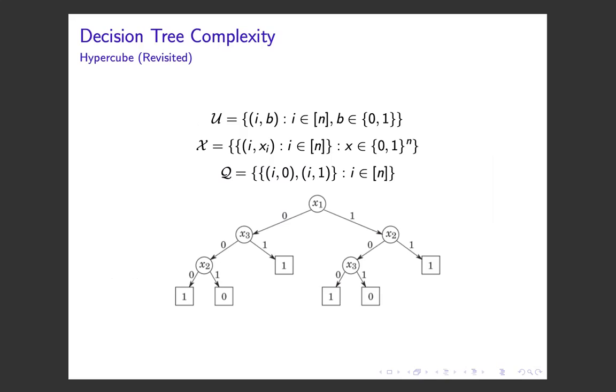So my queries here for the hypercube are as follows. Clearly, I cannot be both 0 and 1 simultaneously. We can draw a decision tree here, and the internal nodes represent queries, where we're looking at particular bits and querying whether or not they're 0 or 1.